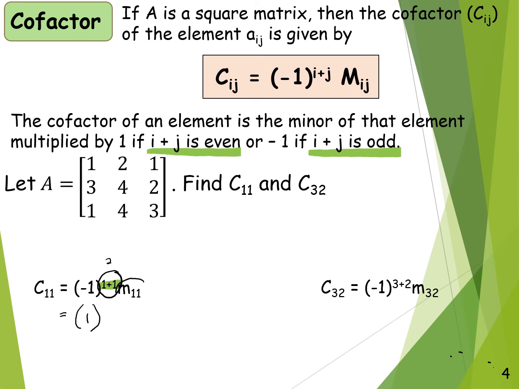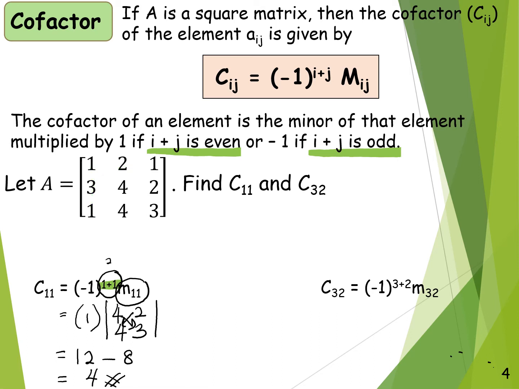And M11 means deleting the first row and the first column, so we multiply by the determinant of [4 2; 4 3]. This is equal to 4 times 3 is 12, minus 2 times 4 is 8, and the answer is 4.